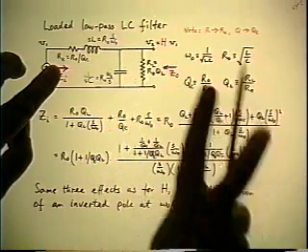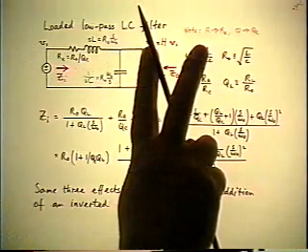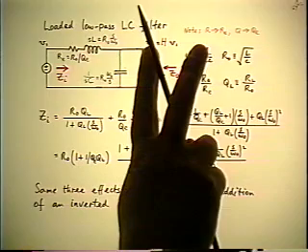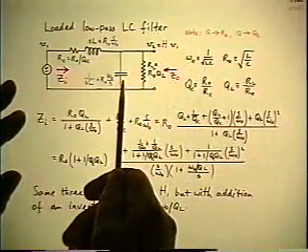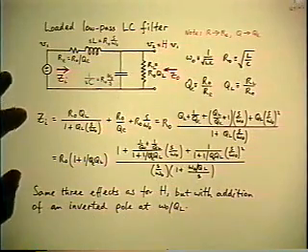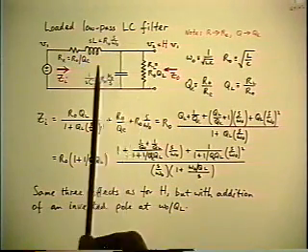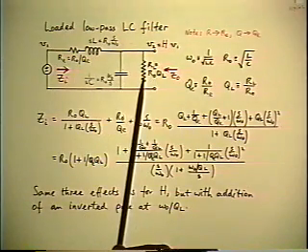Because if the RL is not present, the input impedance is dominated by the capacitor that goes to infinite reactance. So the input impedance goes to infinity towards 0 frequency. If the load resistance is there, obviously that puts a limit on how high the impedance can get as you go to 0 frequency, and obviously it has to level out at RE plus RL.